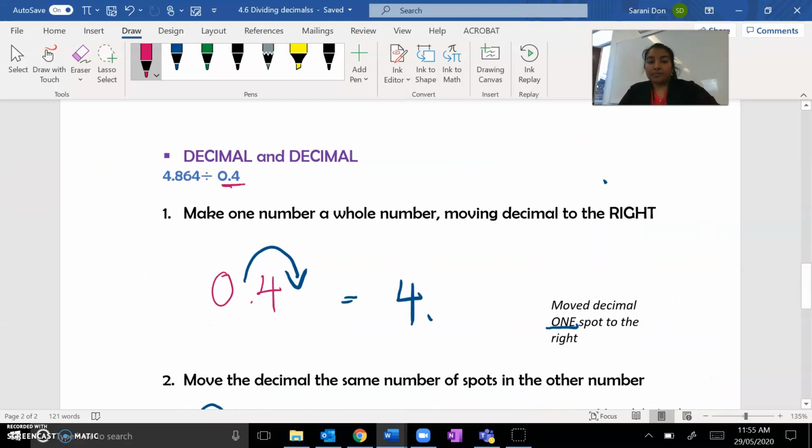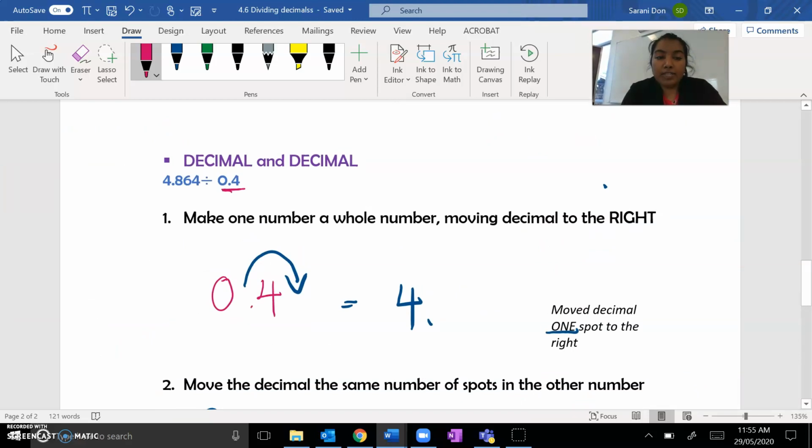For this one, I can obviously move this one and make that a whole number as well, but it's just easier for me to move the decimal once. You want to move the decimal the lowest number of times. If I were to make this a whole number, it would be 4864. That means I would have to move the decimal 3 times, while this one I'll have to move just once. So it's better to move it the least amount of times.